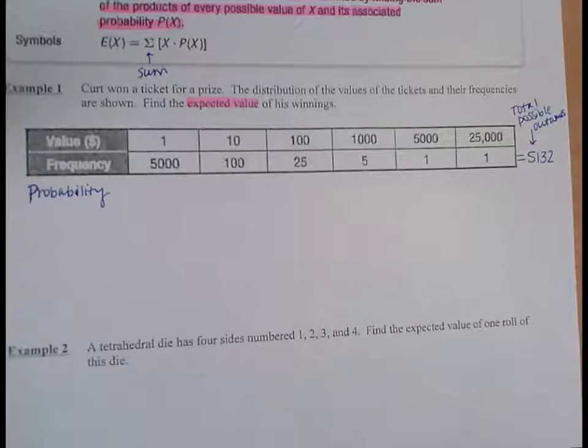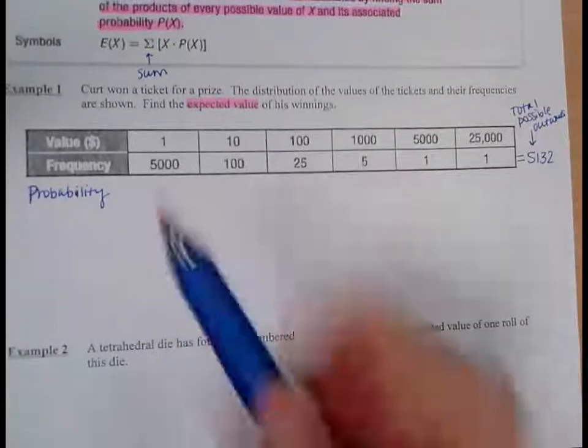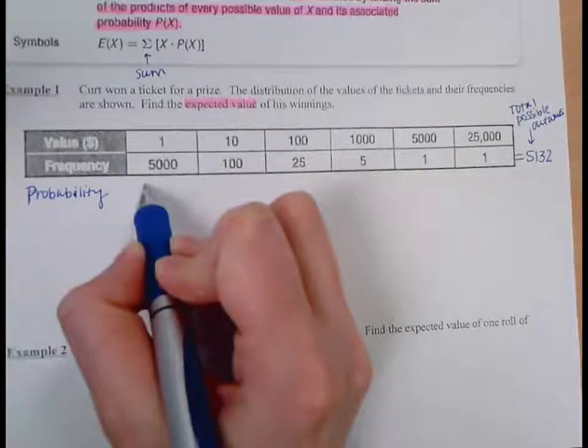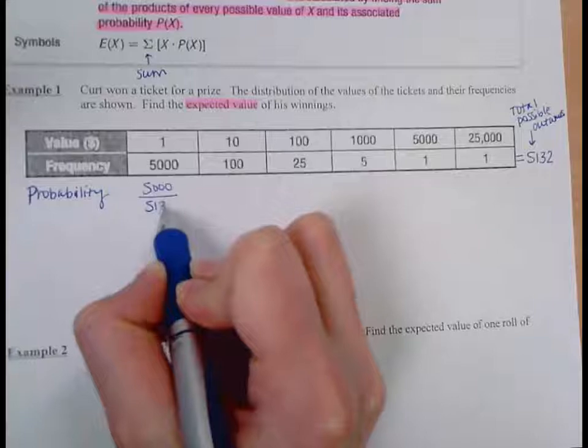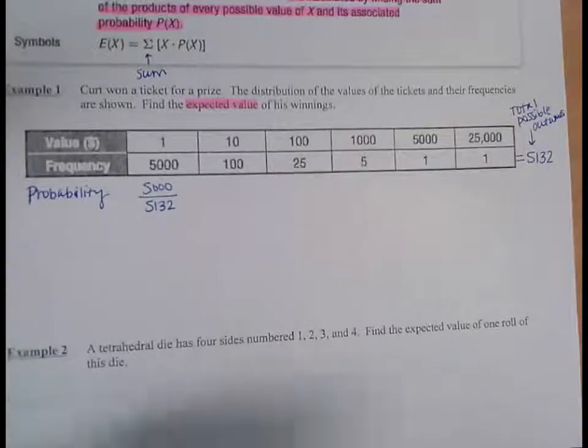And now these, I'm fine if you write them as decimals. However, only if the decimal is a terminating decimal. If you get a repeating decimal, leave it as a fraction. So this probability, for example, would be the frequency 5,000 divided by 5,132.